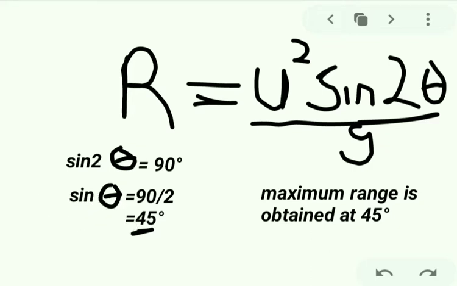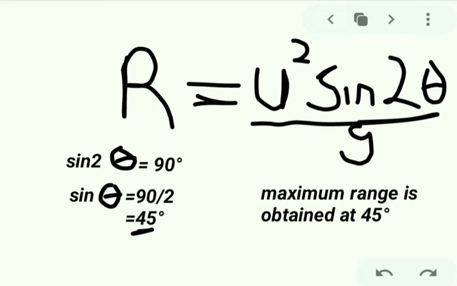If you are told to find the maximum range of a projectile motion, the maximum range is at 45 degree, and it can also be said that sine 2 theta is equals to 90 degree.